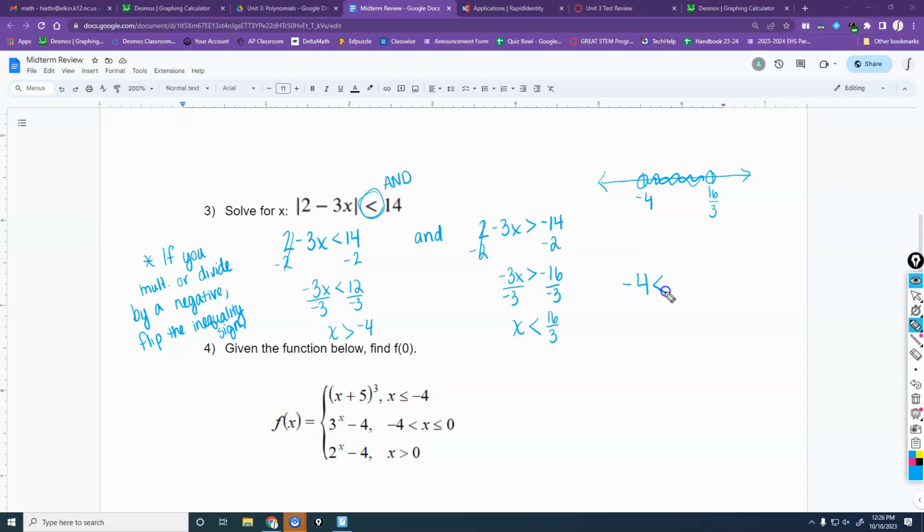We'll do negative 4 less than x less than 16 over 3. So if it's the numbers in between, you put your lowest number first, less than x, less than highest number. Okay, so that would be your answer for this one.